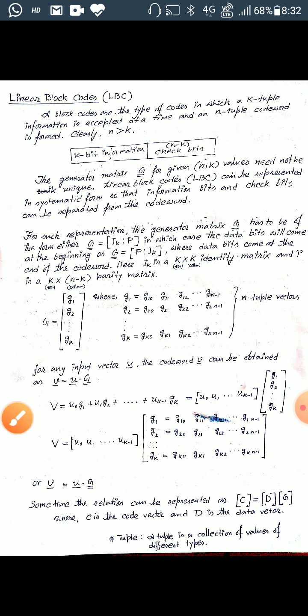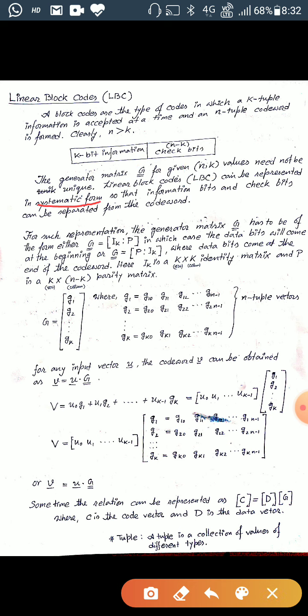This is also defined as, sorry, not symmetric, this is a systematic form, because by looking at the final code word you can tell which portion is the information and which portion is the redundancy bits. So this type of formation is defined as a systematic form, where you can easily tell which portion is the message and which is the checking bits.